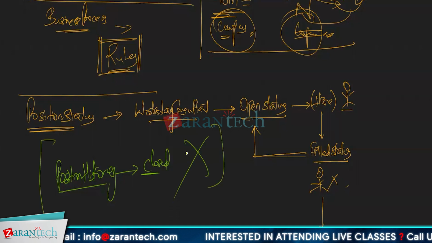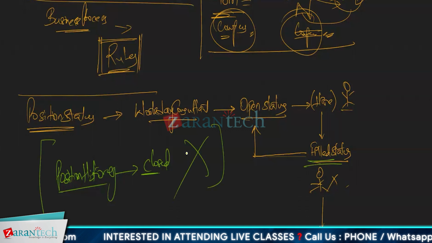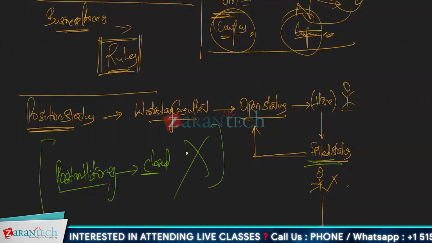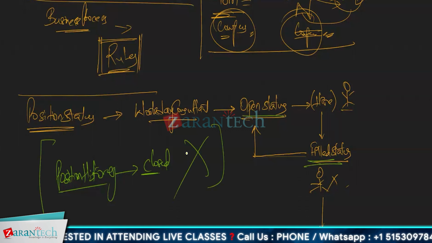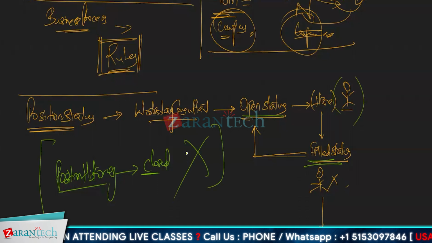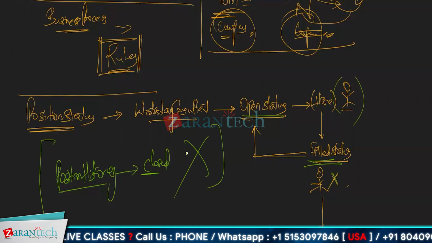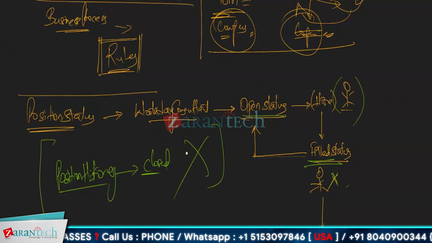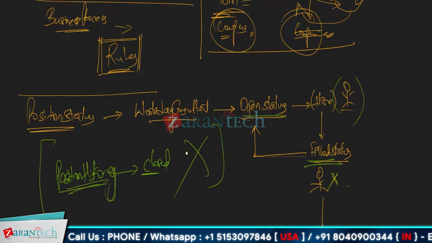If you want to keep the history as it is, you will keep that position in open status once the employee leaves, so that someone else can be hired into that same position. However, if you want to close this position, you will also have to understand that the position history will also be lost along with that position.